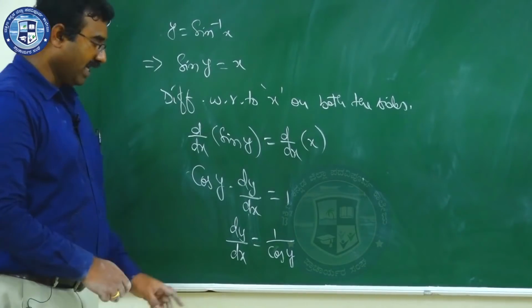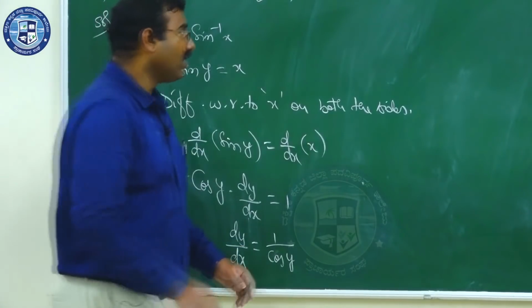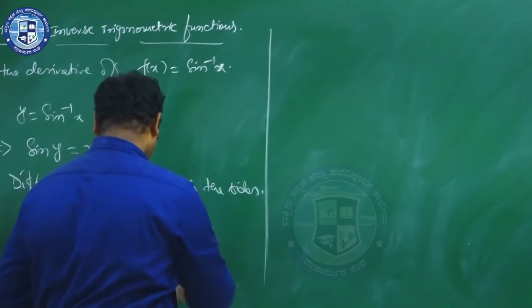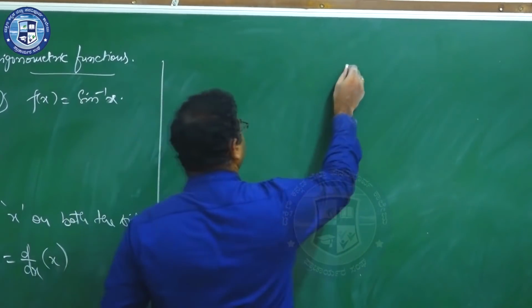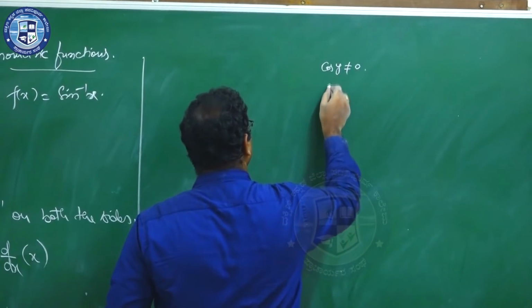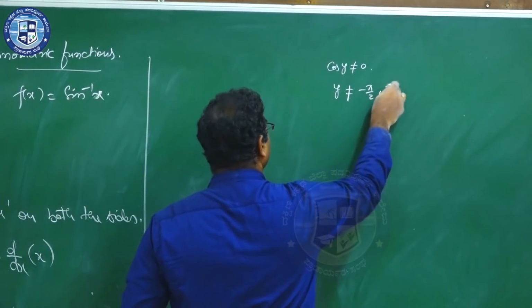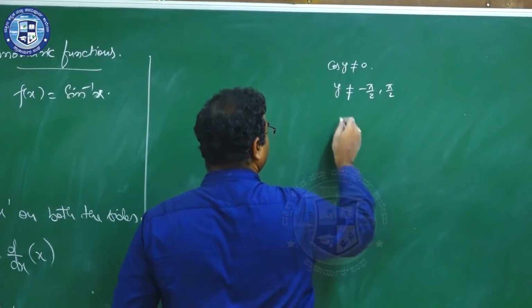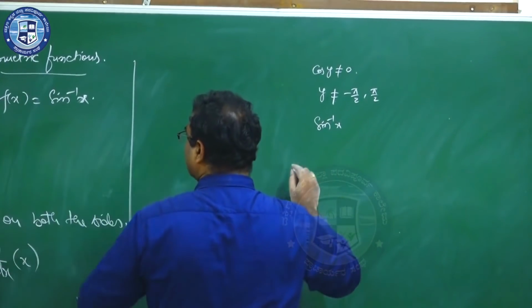So that means cos y should not be 0 because it is in the denominator. So that means y should not be minus pi by 2 or pi by 2. So y means sine inverse x.